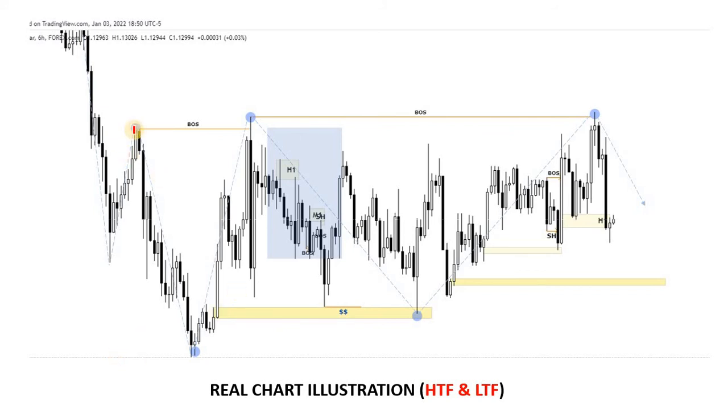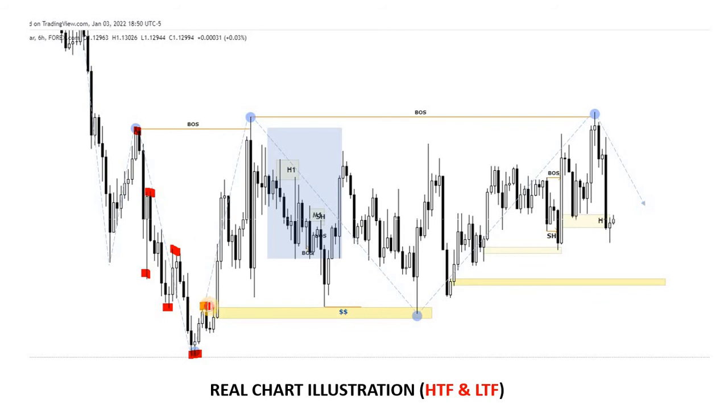For example, here we have the high and we have the low. For the internal structure, we have the lower high, lower low, lower high, and lower low. This is actually a downtrend, okay? So we can mark them out.